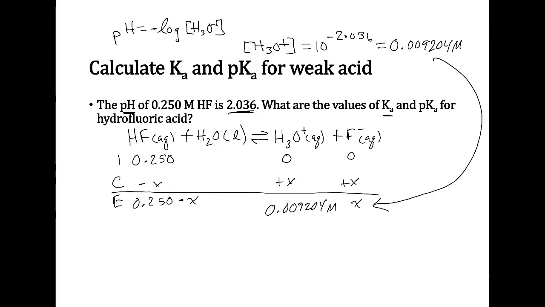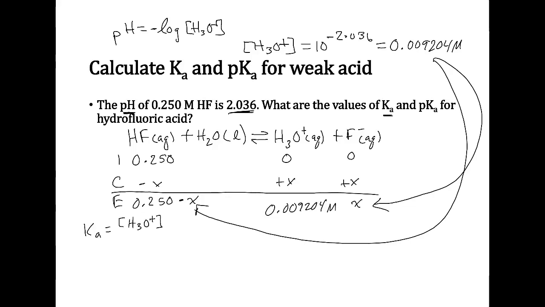Okay, so we could plug in and actually solve for these equilibrium concentrations. Since we are asked to find Ka, we know that Ka is equal to the product, H3O+ times F minus, all over HF.